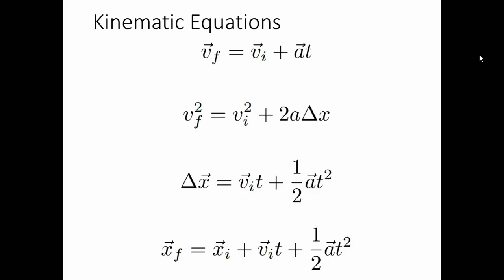So these 2 are just different versions of the same equation, and whatever the question is asking you to calculate, you'll pick a different version just to make it easier for yourself. So we'll do some examples to show how you can use these equations to solve some word problems.